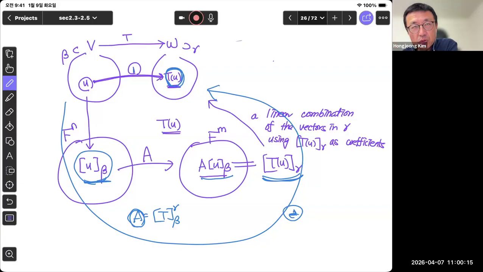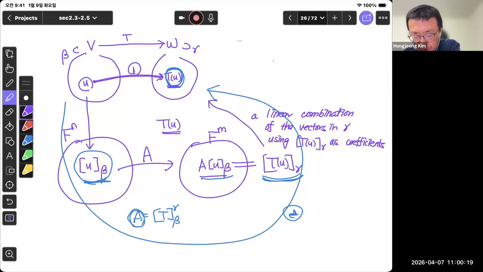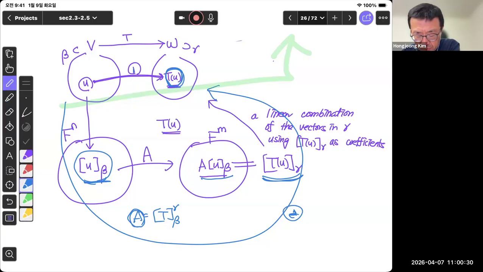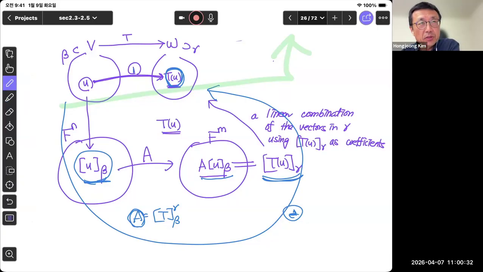One thing you need to notice is that in this upper part, everything is related with general vector spaces. So those operations from U to T of U happen within general vector spaces.